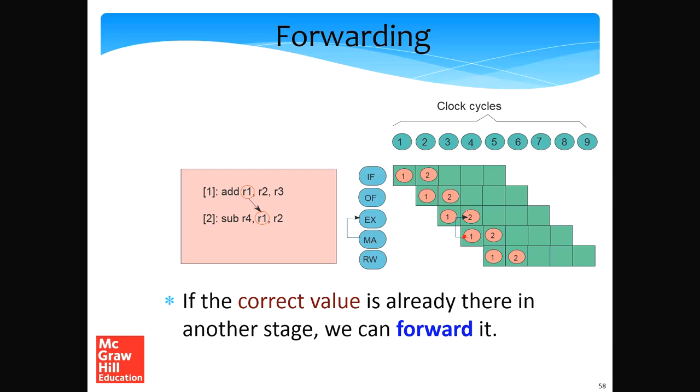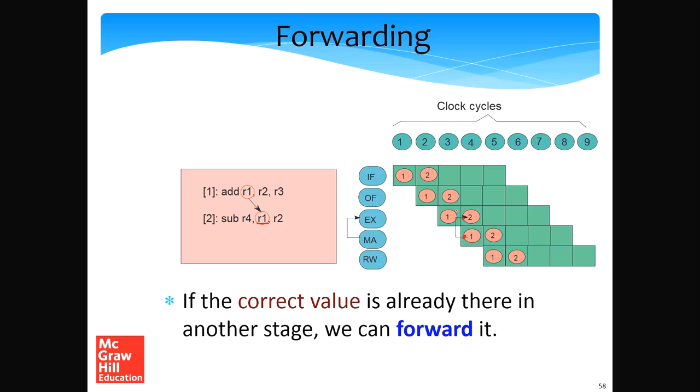And also in cycle 4, we need the value of R1. Since the value of R1 is present with instruction 1, which is currently in the MA stage, and instruction 2, which is currently in the EX stage, needs the value of R1, we can always connect the producer with the consumer, because if a value is already there in another stage, we can take it from the other stage.